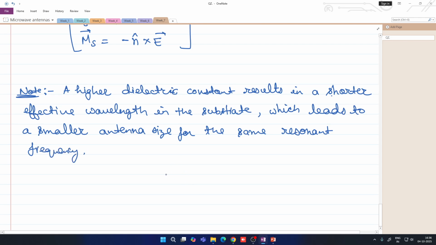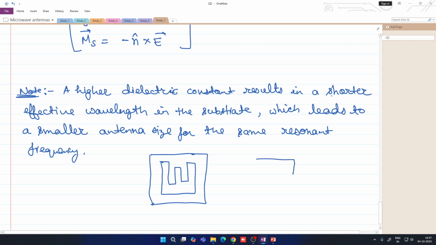What this means is, let's say you have two microstrip antennas, each with a radiating patch of this kind of shape. Both have the same shape of patch but different dimensions, and both are radiating at the same frequency.